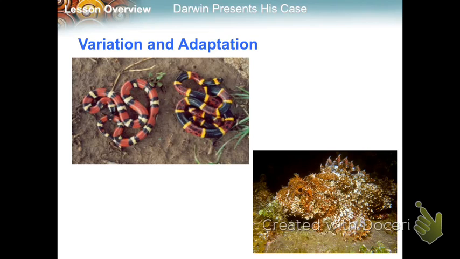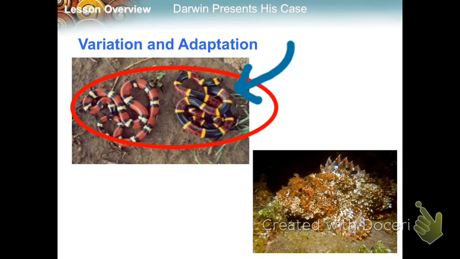Right here on the left, this is the coral snake and the king snake. The king snake is here. Red on yellow, hurt a fellow. And the coral snake is here. I hope I got that right.